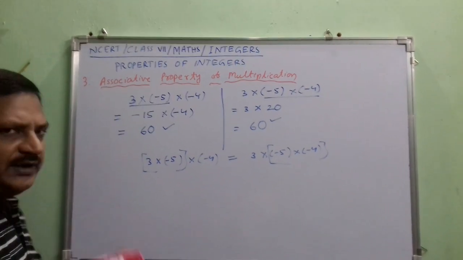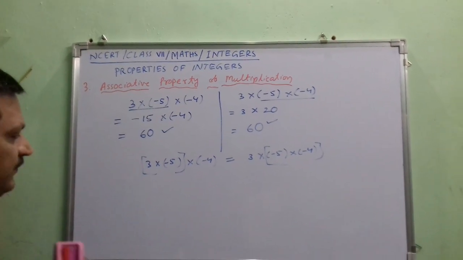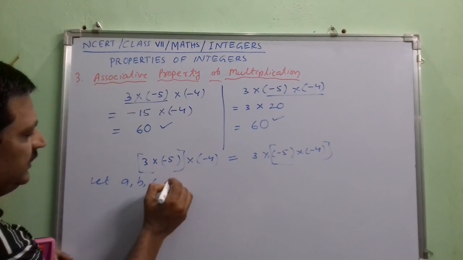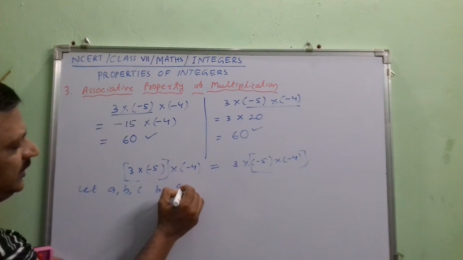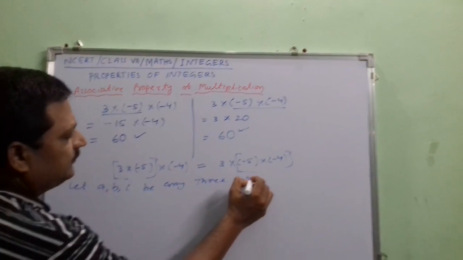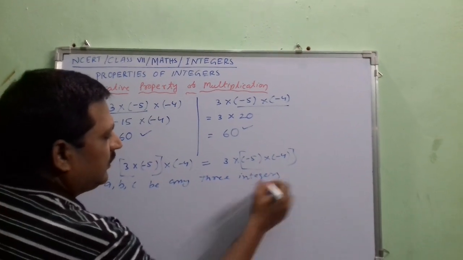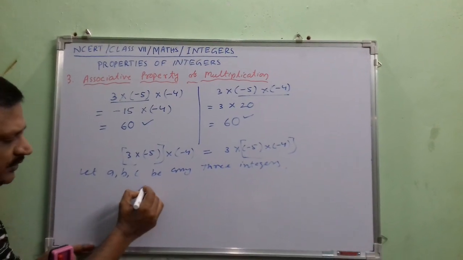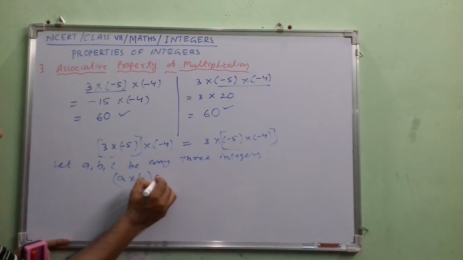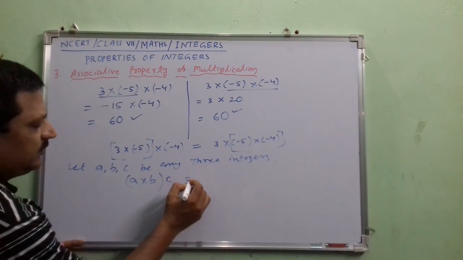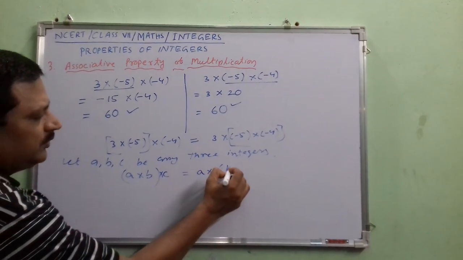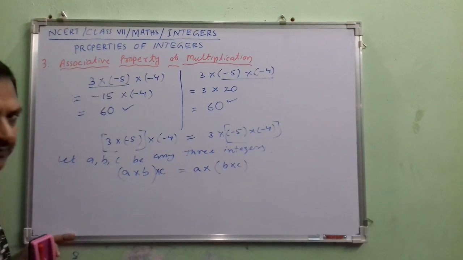That means if I take any three integers, let A, B, C be any three integers, then (A into B) into C is equal to A into (B into C).